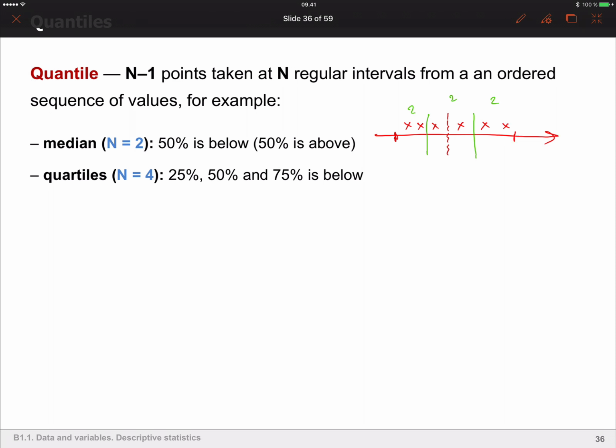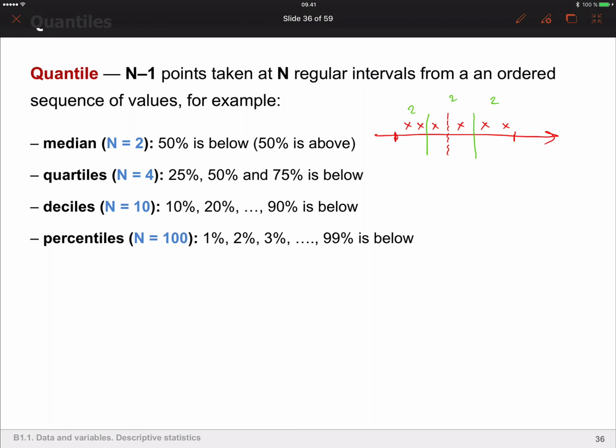If you do it for 4 portions, 25%, 25%, 25%, and 25%, these quantiles are called quartiles, from one quarter. If you do it with 10 equal portions, then you will get deciles. So you have 10% of values, another 10% of values, and so on. Then finally, percentiles, we know already, is when we split our values into 1% portions.